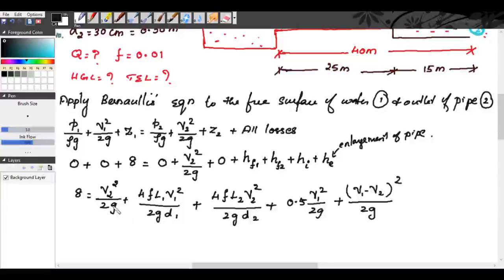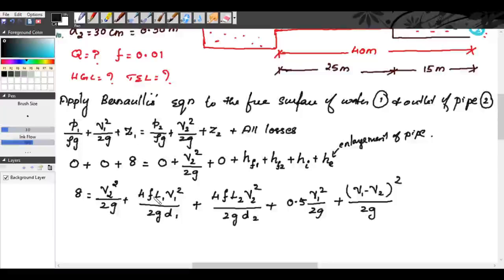Now, g is 9.81. We know L1, f, D1. We know L2, f, D2. So here there are two unknown variables, V1 and V2. So we will write either V1 in terms of V2 or V2 in terms of V1.